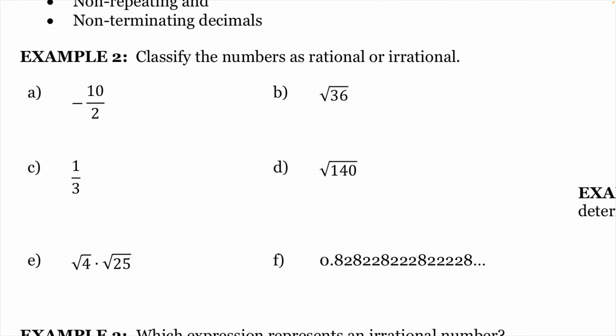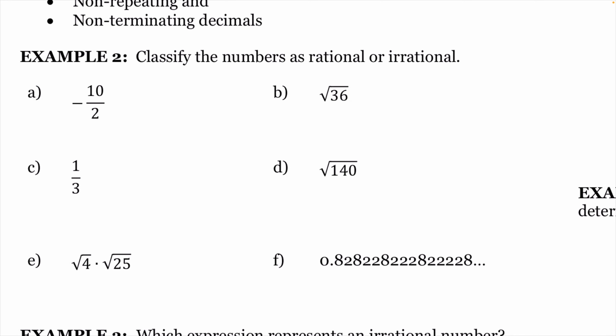2a. Is it rational or irrational? This one's actually easier than you think. Is it rational or irrational? It is rational. Why is it rational? What's the giveaway? Because it's a fraction, right? It can be divided, right?